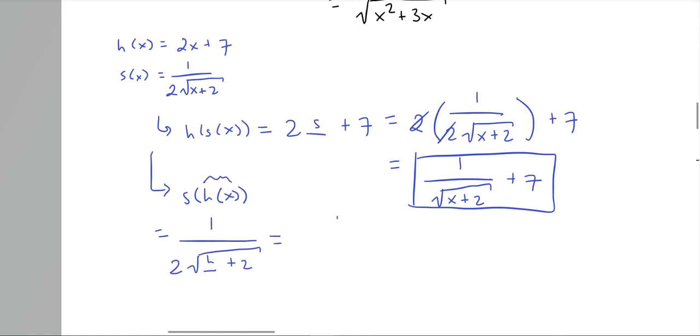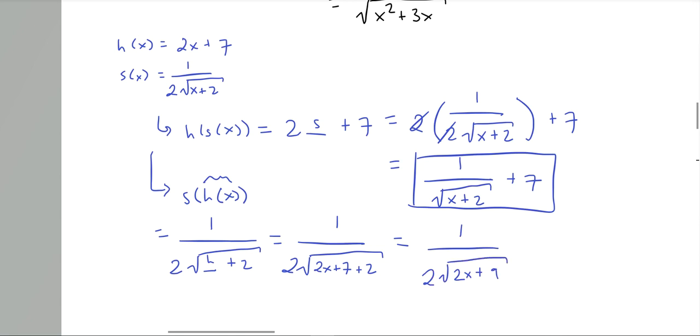So we have 1 over 2 square roots of h, which is 2x plus 7, plus 2. This simplifies to 1 over 2 square roots of 2x plus 9, because 7 plus 2 is 9. And this is s of h of x.